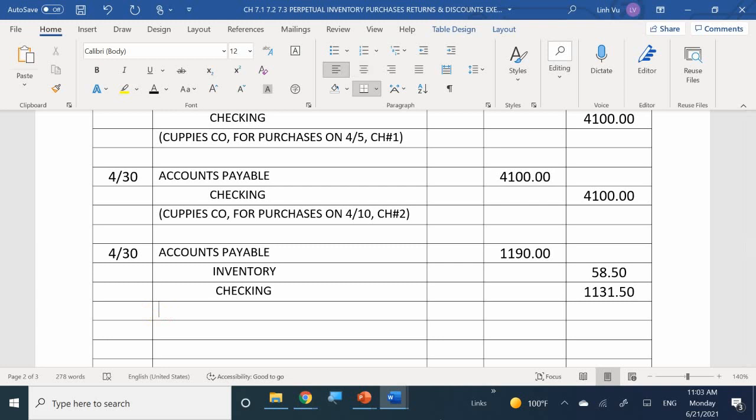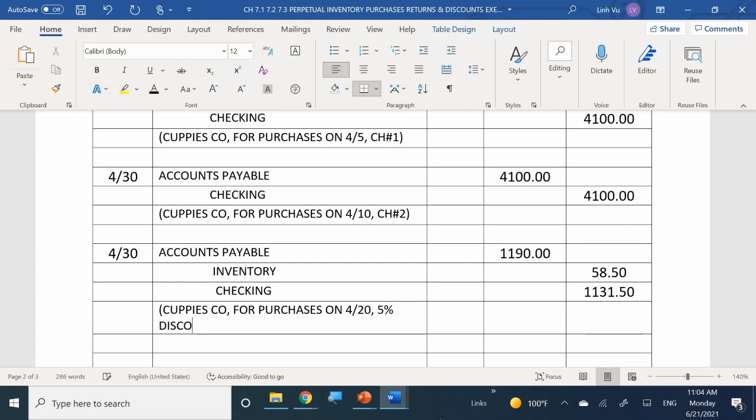So once again, I'm going to make a statement here saying I'm writing this check out to Cuppy's Co. for purchases on 4/20. And here I'm going to write that I received a 5% discount, and that I wrote this on check number 3.